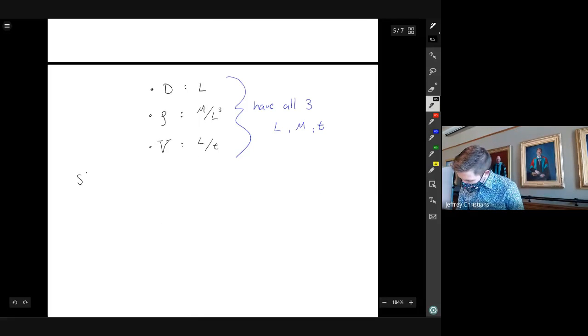Okay, so the second to last step that we'll talk about today is step 4, we're going to determine the number of dimensionless groups.